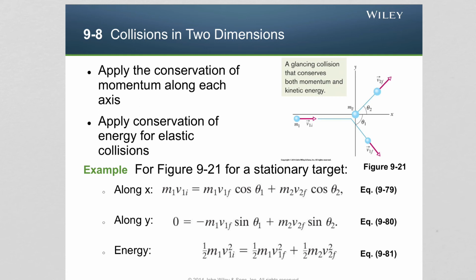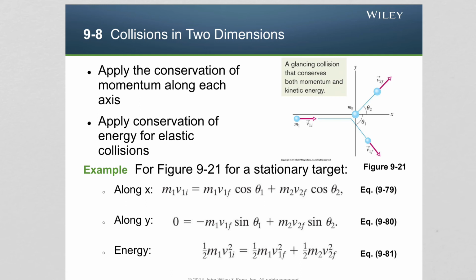Remember that conservation of linear momentum is a vector equation. That means that one can write the conservation of linear momentum for each coordinate axis. And the same applies for the kinetic energy equation.